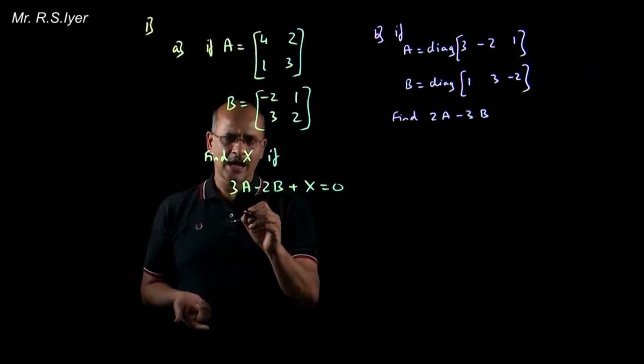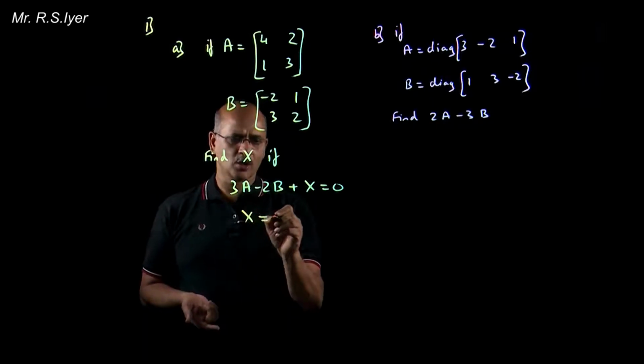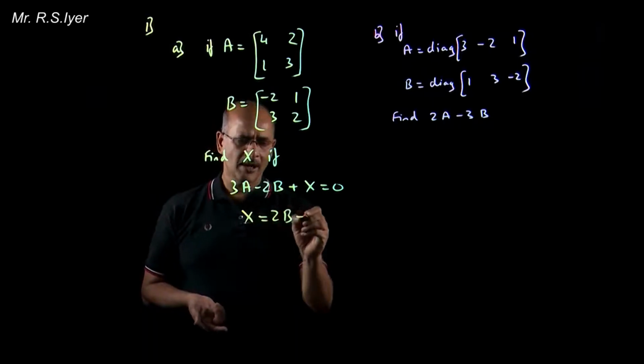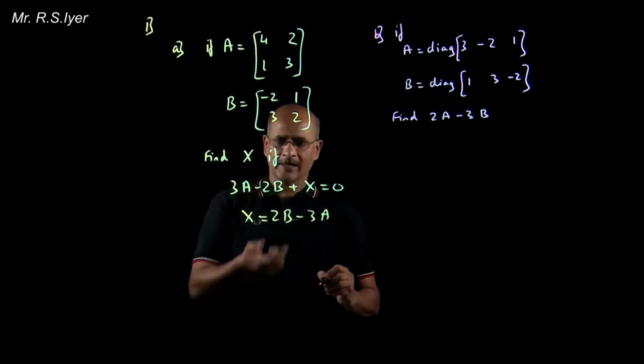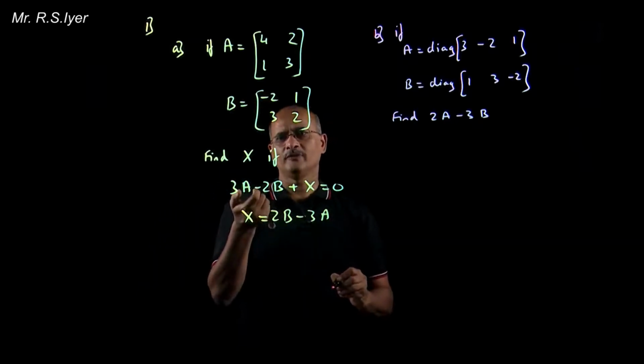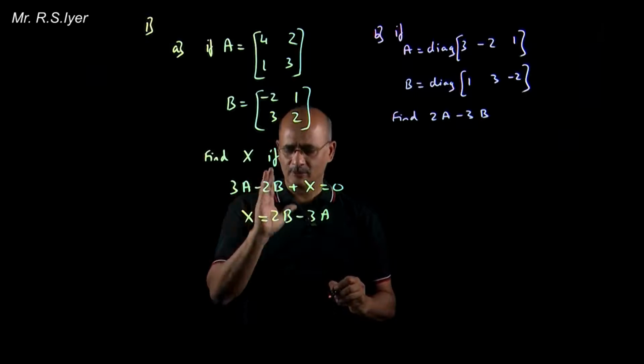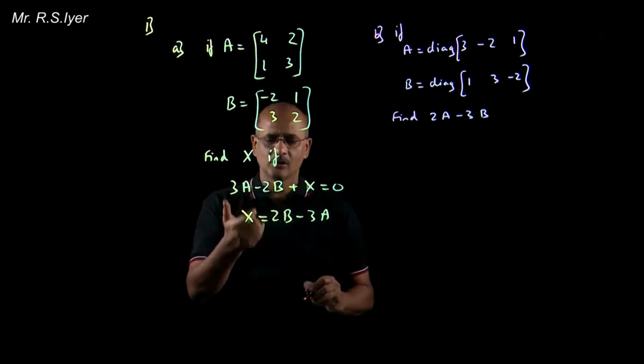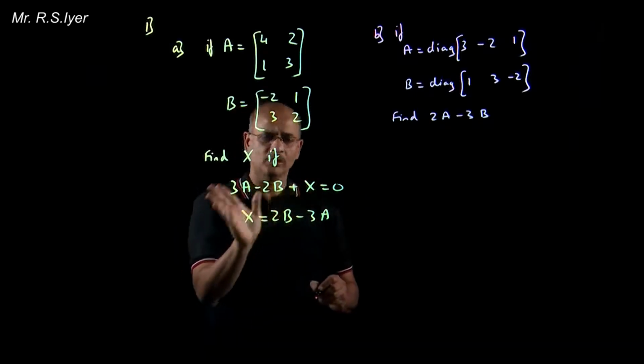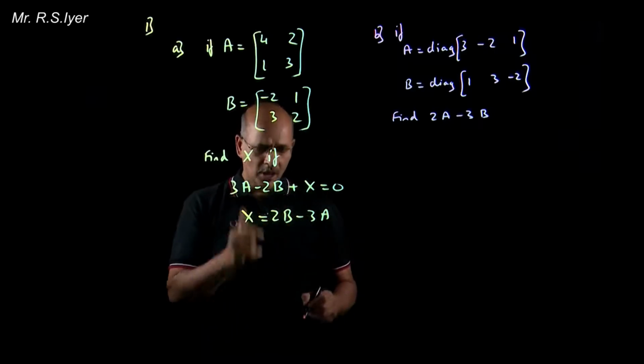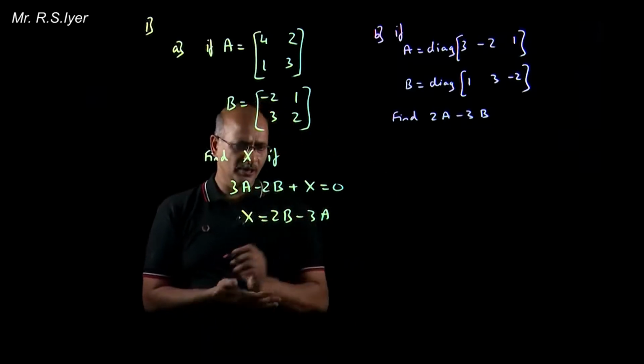So I can say X is equal to 2B minus 3A. I can keep the X that side because I want the matrix X. I mean to say I want to find the matrix, so I am going to keep the matrix alone and shift the rest to this side. Now what I am going to do over here is 2B minus 3A.